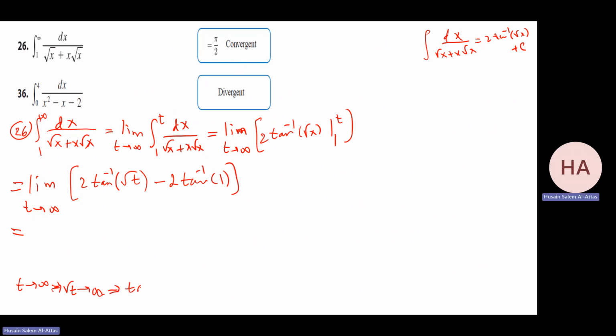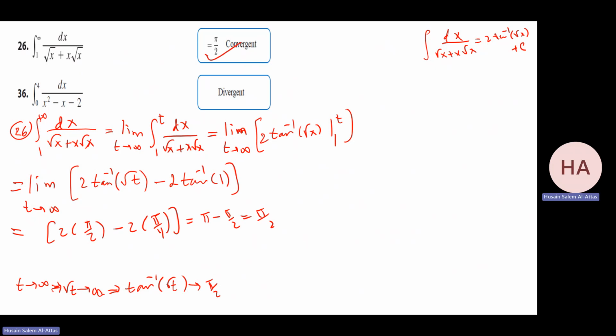So tan inverse of square root of t, tan inverse infinity, that goes to pi over 2. So I have 2 times pi over 2 minus 2 times pi over 4. That gives me pi minus pi over 2, which is pi over 2. So it converges to pi over 2.